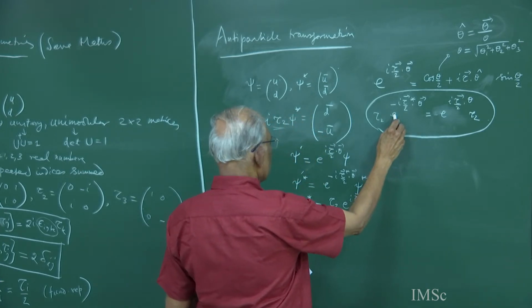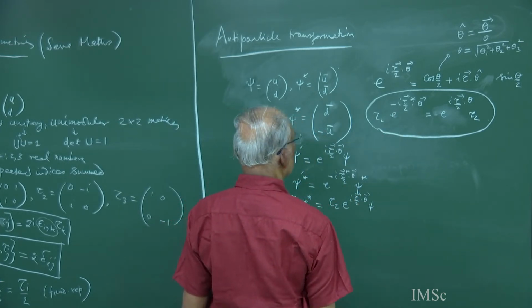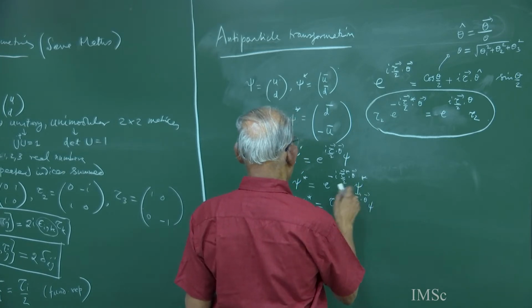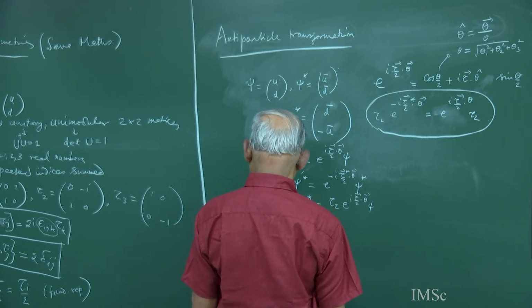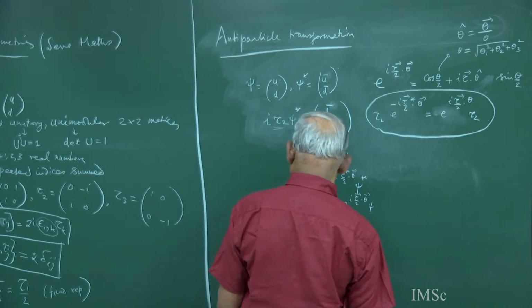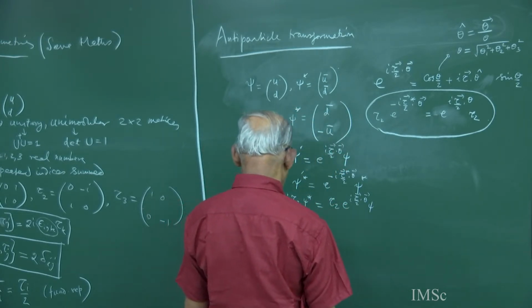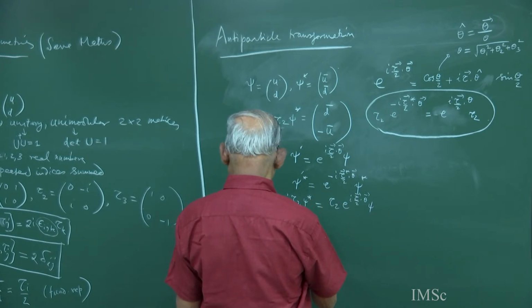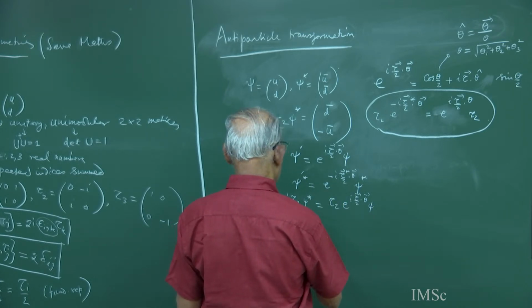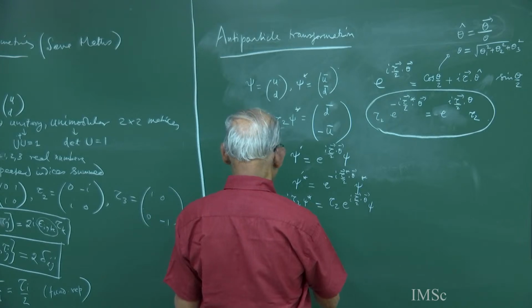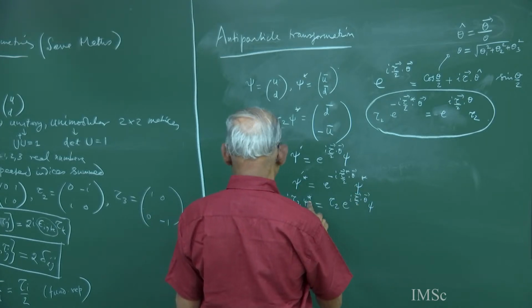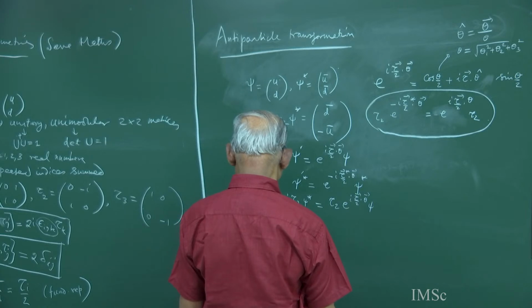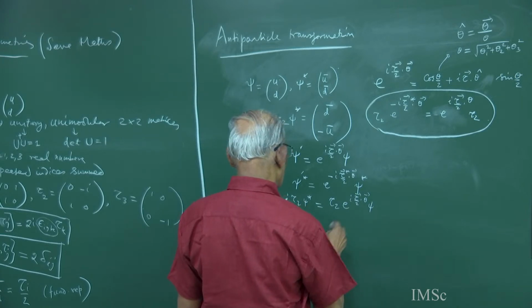Now use this result, because in this what am I doing? Psi prime star is this. Just multiply by tau 2, I said. I suppose this is correct.